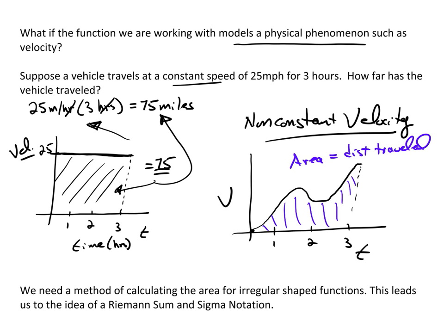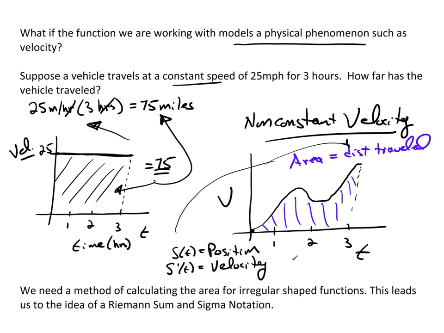Now, we've always seen this idea with indefinite integrals because we said that if s is a position function, position can be thought of as distance traveled, s prime of t equals the velocity. Well, if I integrate the velocity, I end up with the position.